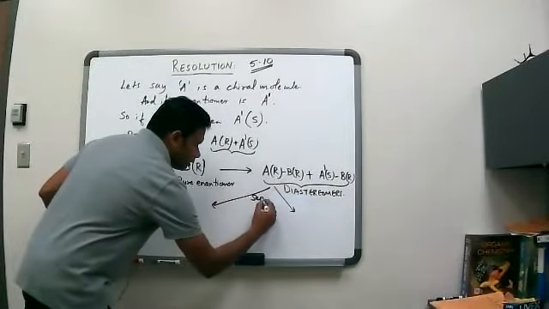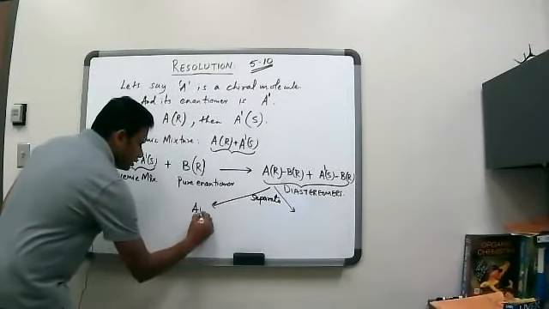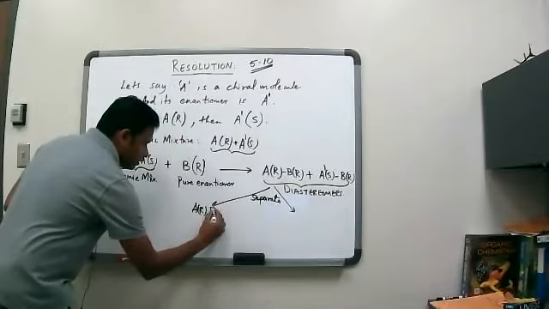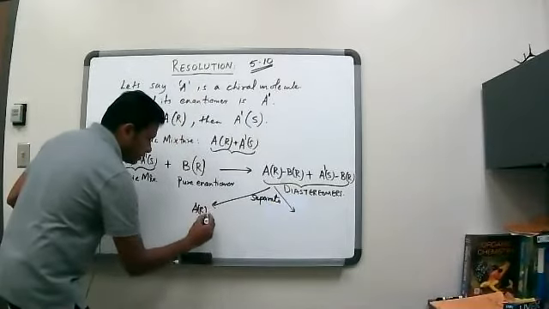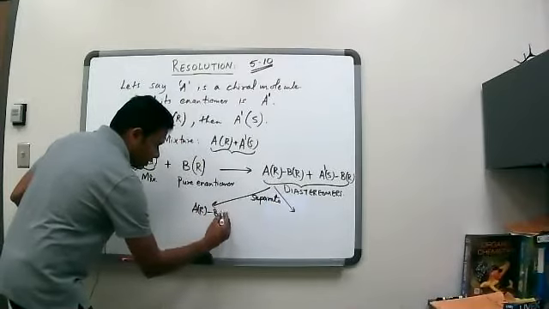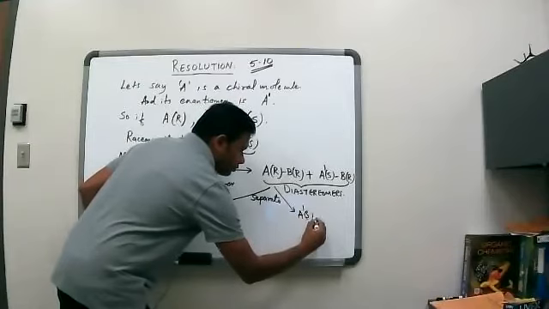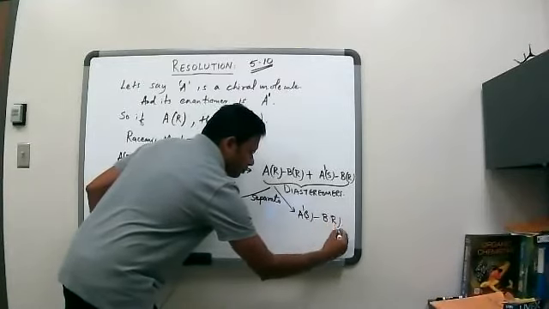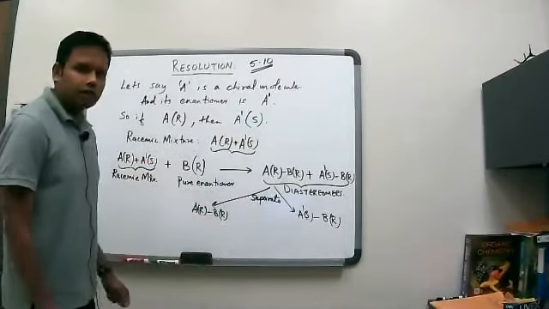So we separate these so that we get AR-Br, and we're going to get A prime S-Br. So now we've separated the two diastereomers.